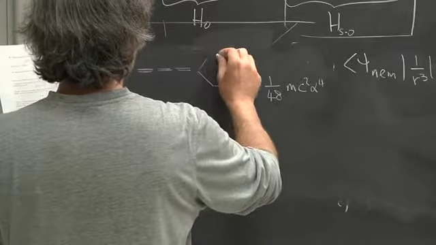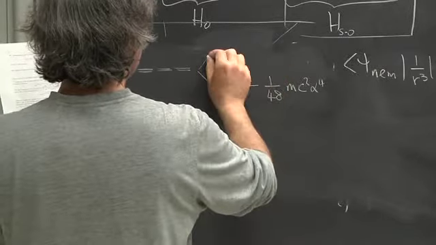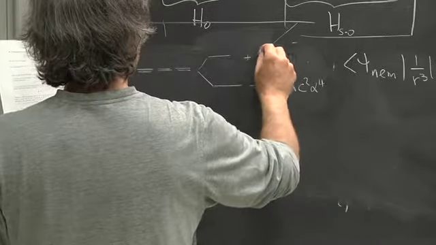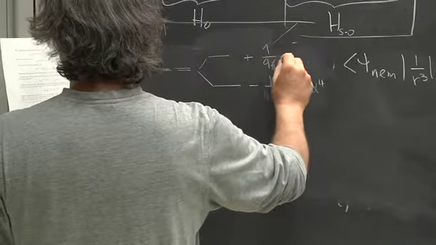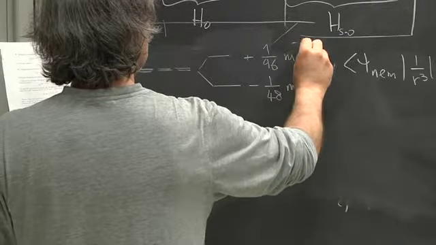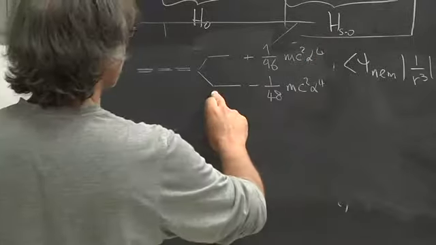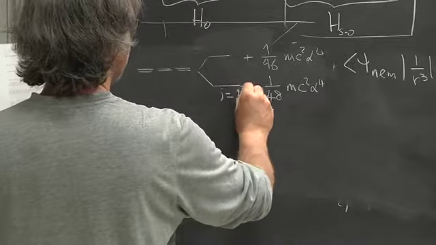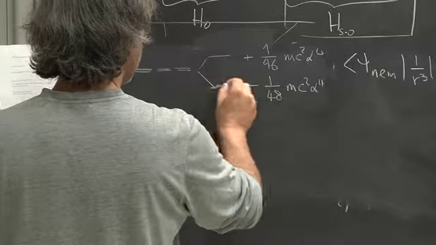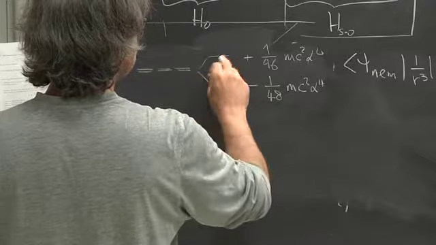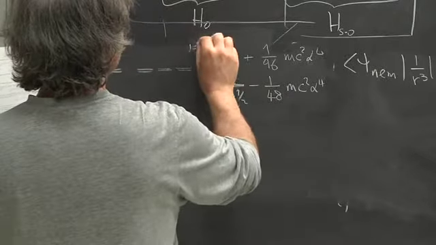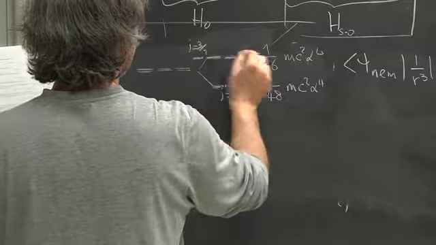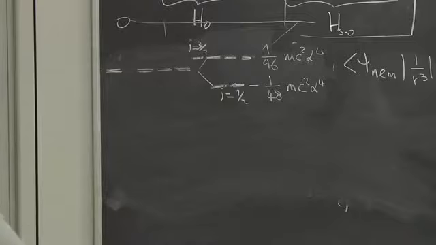And then there are others that are moved up by plus 1 over 96, the same number, mc squared alpha squared. Let's see, who are these? These are the j equal to 1/2. So it's really 2 of them. And who are these? The j equal to 3/2. So really 4 of them. Is this clear?